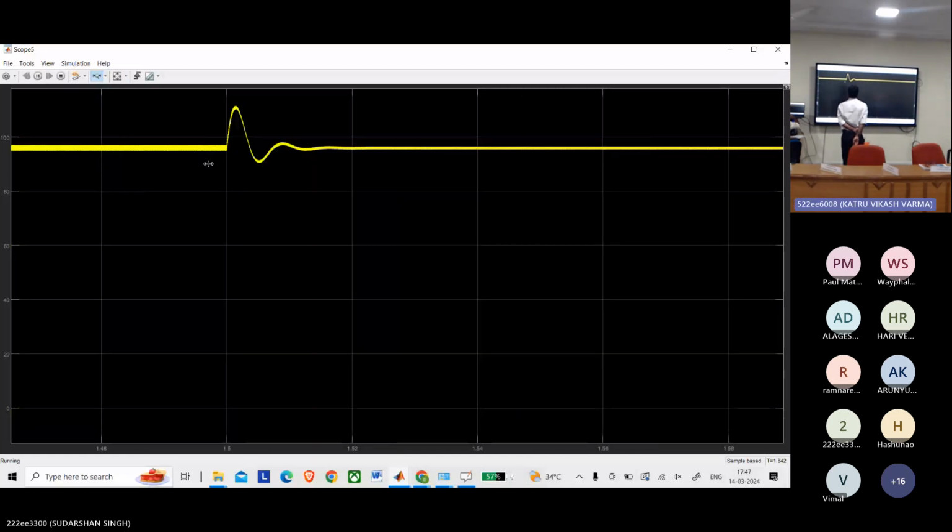Okay. So you can see this is the 100% load variation. This is the output voltage response, and can you show me the inductor current response?